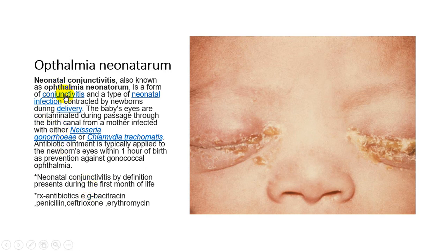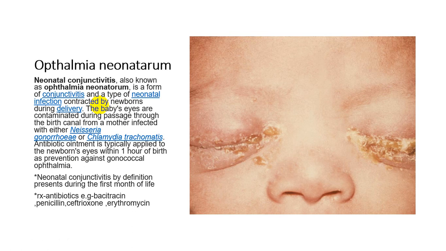Ophthalmia neonatorum is neonatal conjunctivitis by definition, presenting during the first month of life, but usually it follows soon after birth due to infection contracted within the birth canal, with Neisseria gonorrhoeae and Chlamydia trachomatis.